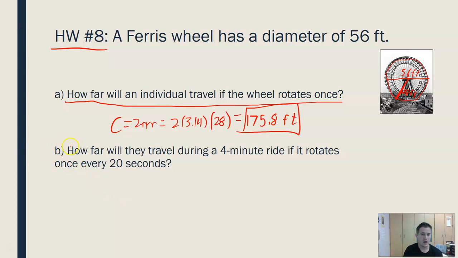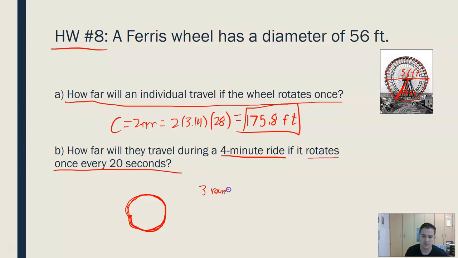Okay, letter B says, how far will they travel during a 4-minute ride if it rotates once every 20 seconds? So it takes 20 seconds for the Ferris wheel to go around in a full circle. So let's see. How many 20-second increments are there in a 4-minute ride? Well, 20 seconds, 40 seconds would be 2 rounds. 60 seconds, or a minute, would be 3 rounds.